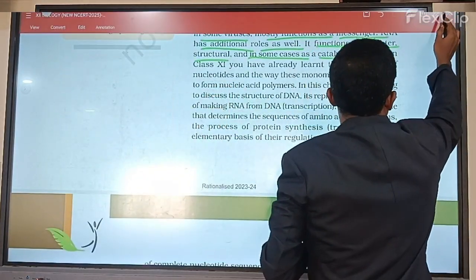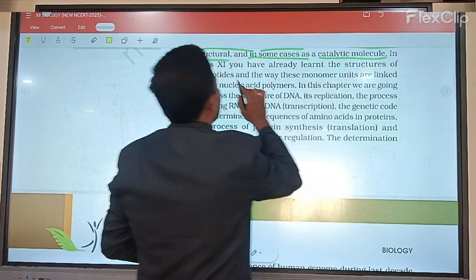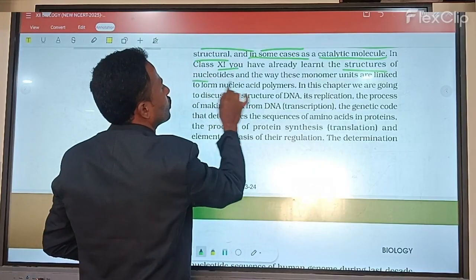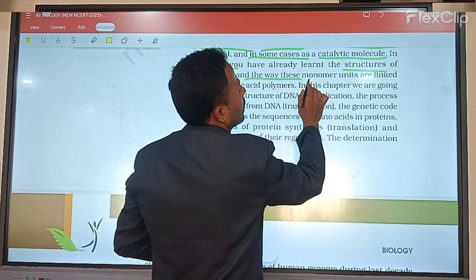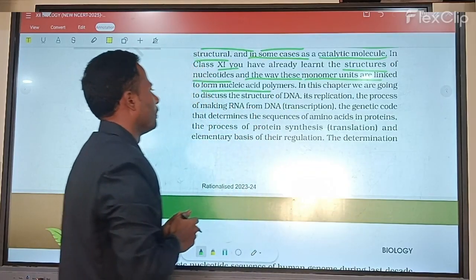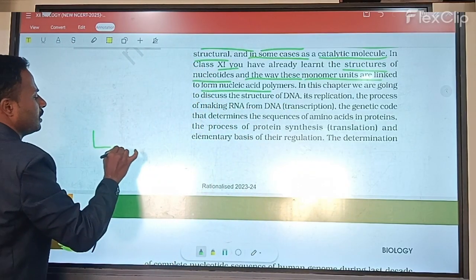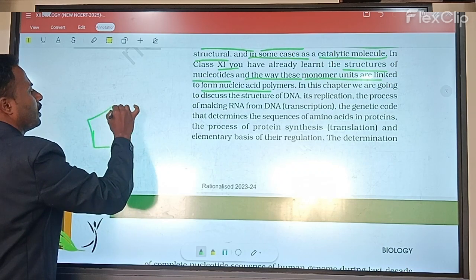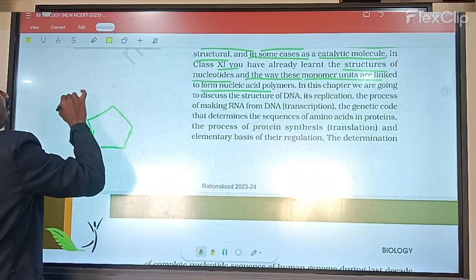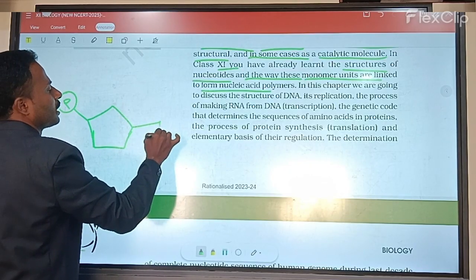In class 11 you have already learned about the structure of nucleotides and how these monomer units are linked to form nucleic acid polymers. In the biomolecules chapter we learned about nucleotides.